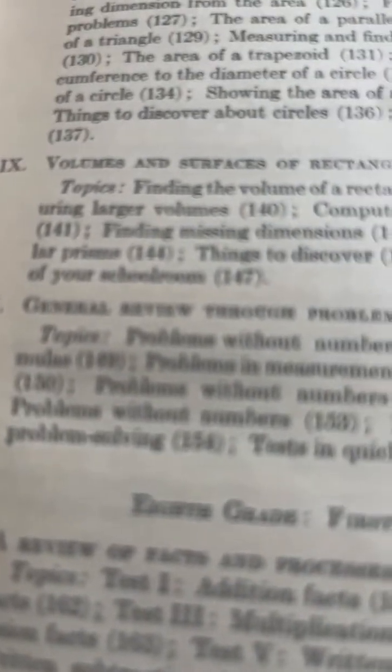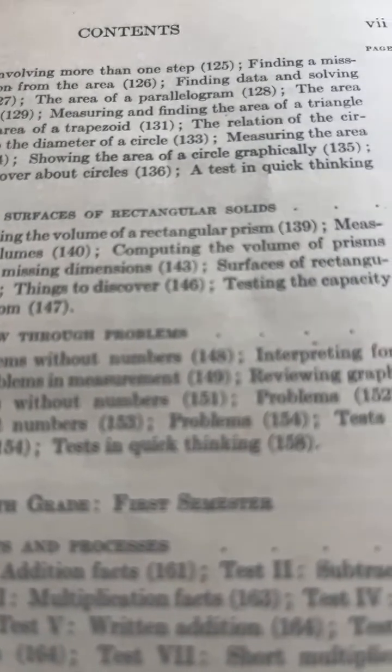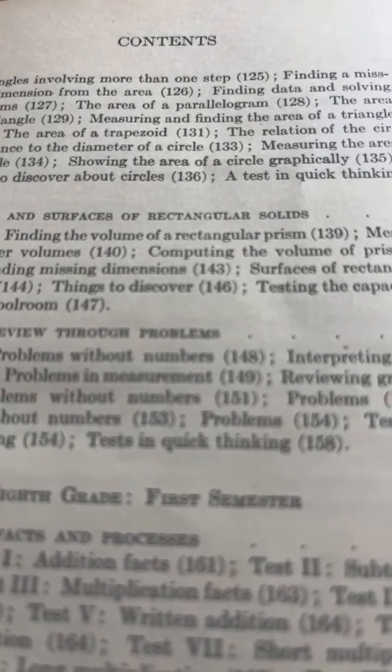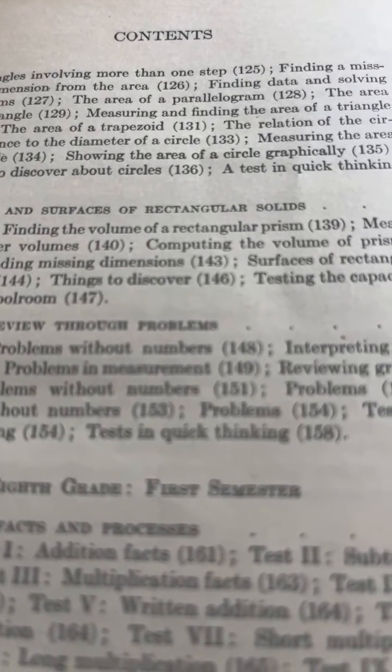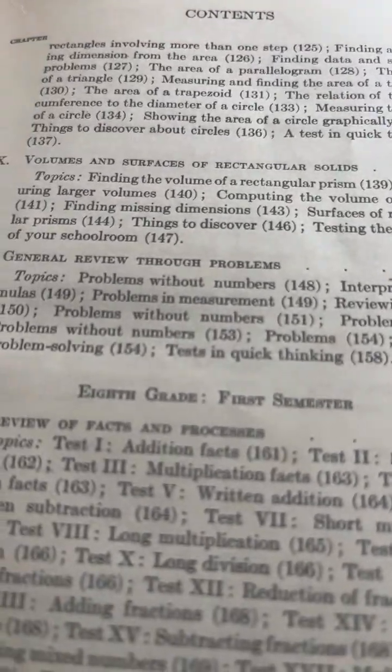Okay, I'm not going to read all this. Let's skip down to volumes, section 9. Topics: finding the volume of a rectangle or prism, measuring larger volumes, computing the volume of a prism, finding missing dimensions, surface of rectangles, prism, things to discover.